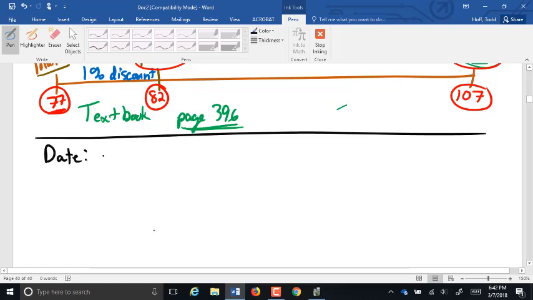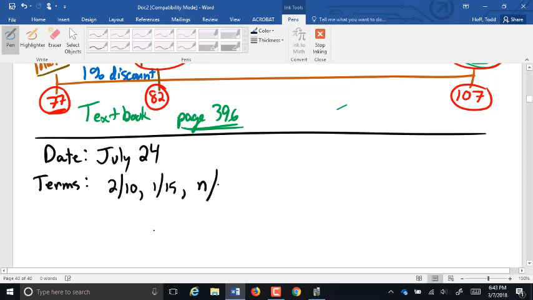So let's say we have a date of July 24th is our invoice date. I'm not going to put a year on there. Our terms, 2/10, 1/15, net 60.